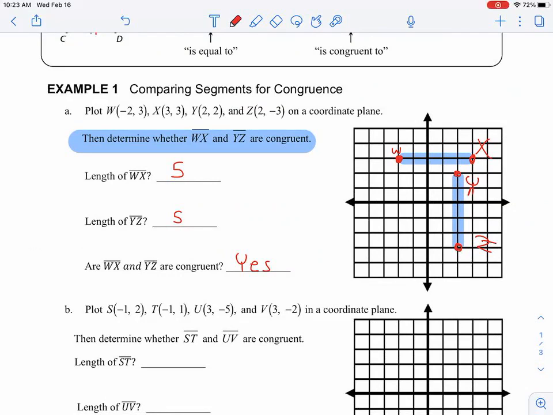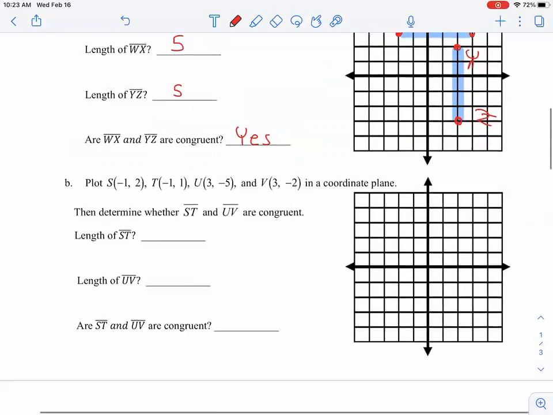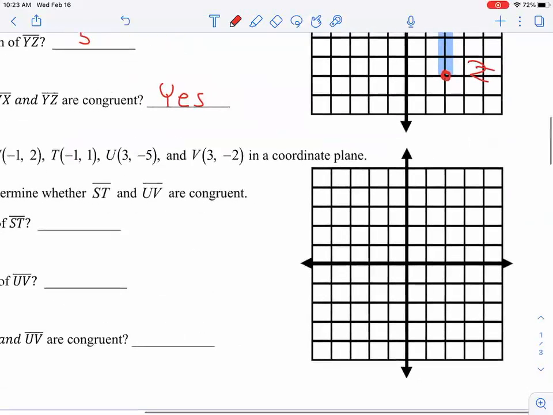So we're essentially plotting points and determining whether or not the segments are congruent. Let's do the same thing here in part B. We have S at (-1, 2). That's going to be here, which is in the second quadrant. If you remember, the quadrants go 1, 2, 3, 4.